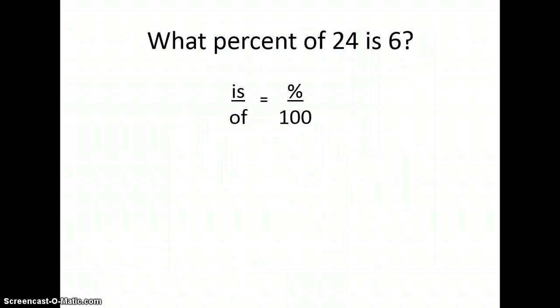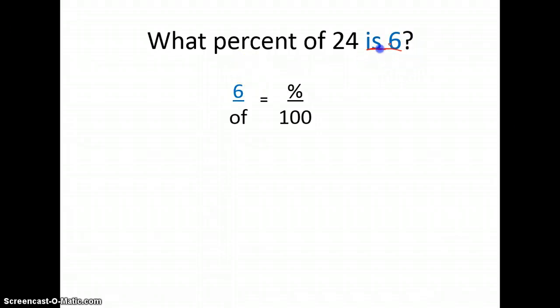So let's look at a problem that's missing a piece. This one says, what percent of 24 is 6? And let's look down at this basic proportion I have here: is over of, or part over whole, equals percent, which is the part of 100%, so percent over 100. When I'm looking at this statement, I might notice that I can fill in the "is": 6.